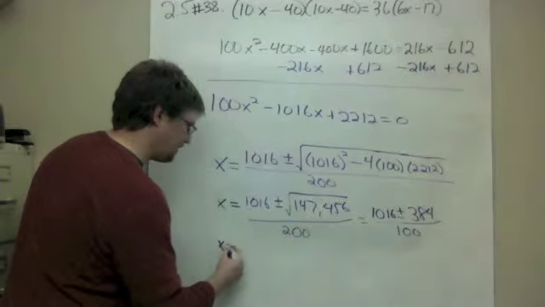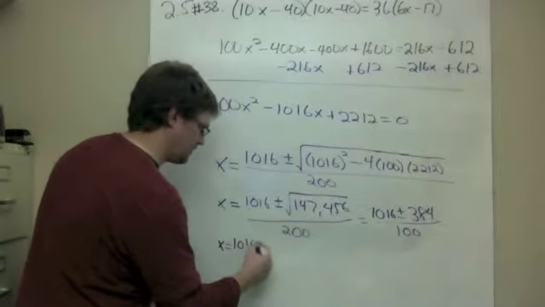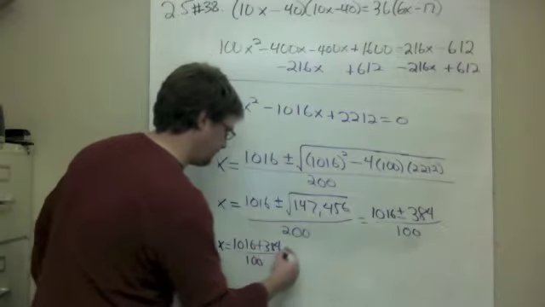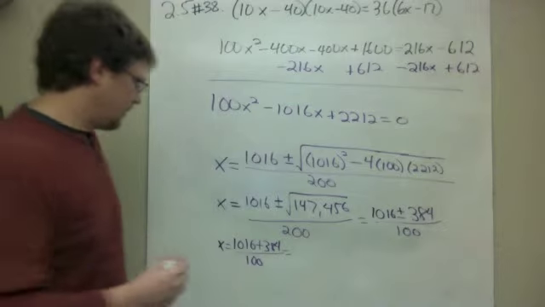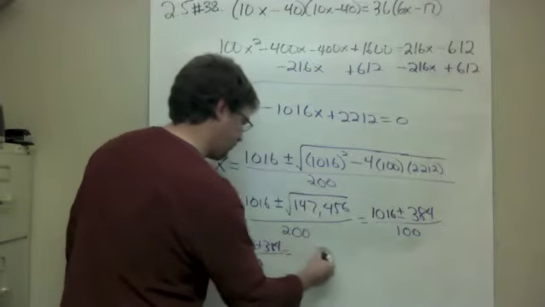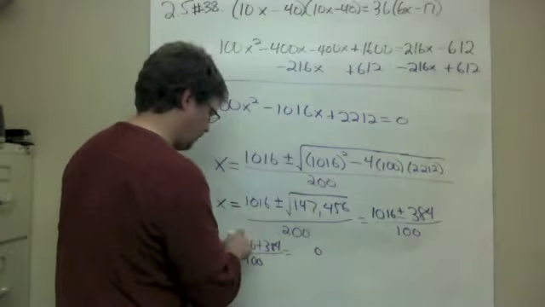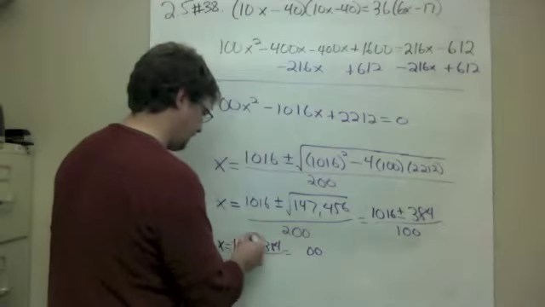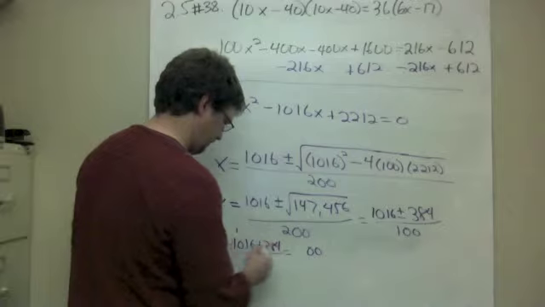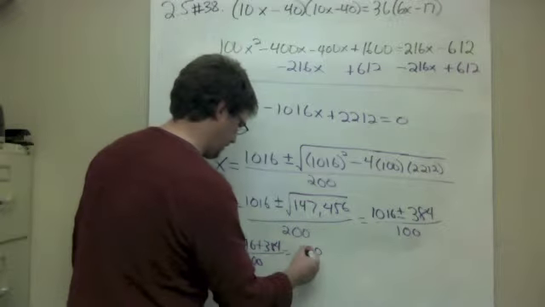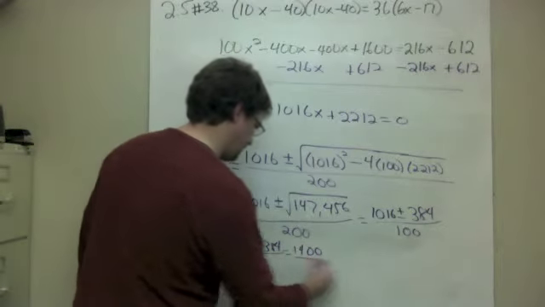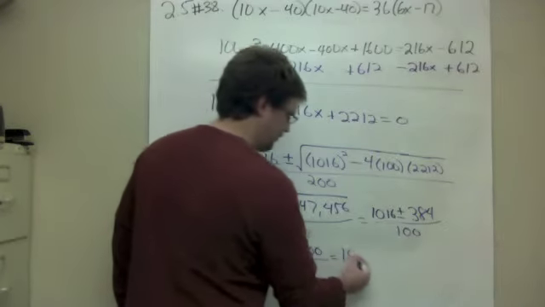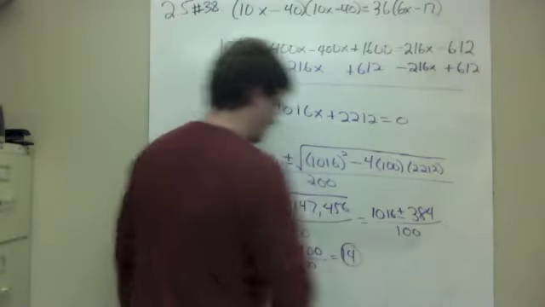So x is equal to 1016 plus 384 over 100. So that's going to be 6 and 4 is 0. Carry the 1. 1, that's a 0. Carry the 1, 3 and 8, 9, 10, yeah. Carry the 4 over 100. Well, that comes out to be 14. So that's the positive side.